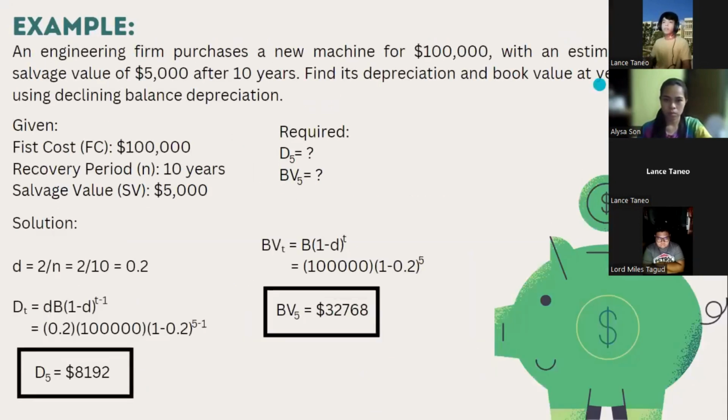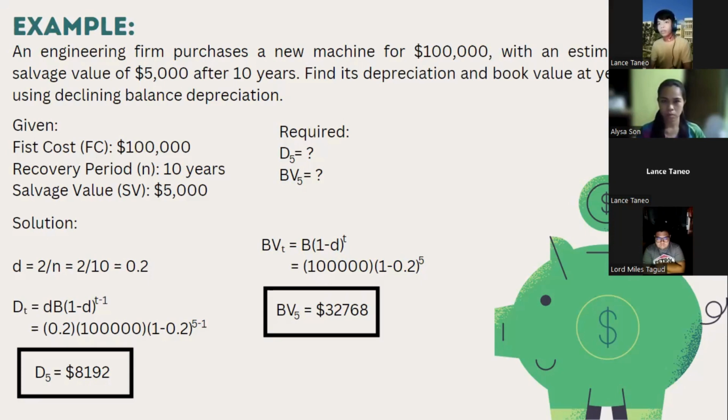So here is an example of the declining balance method. An engineering firm purchases a new machine for $100,000 with an estimated salvage value of $5,000 after 10 years. Find its depreciation and the book value at year 5 using the declining balance depreciation.